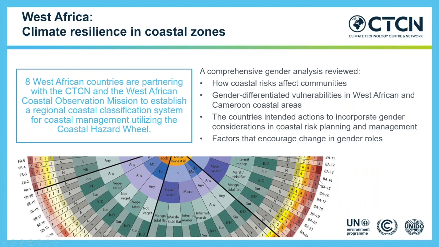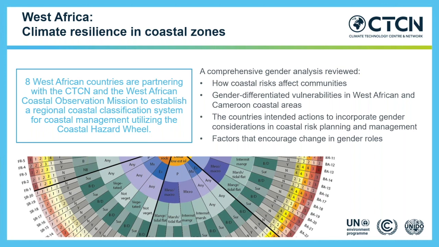But I also wanted to share with you work that we've done in West Africa related to adaptation to climate change and looking at how gender should be considered in the planning and implementation. In 8 countries in West Africa, there was an interest to start to look at, on the whole, the coastal area and to classify the type of coast there was and how that will be impacted by climate change.